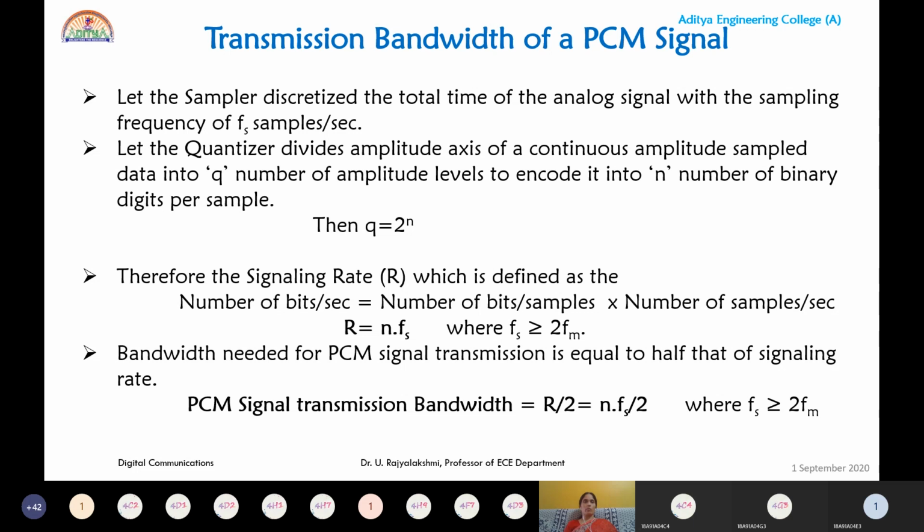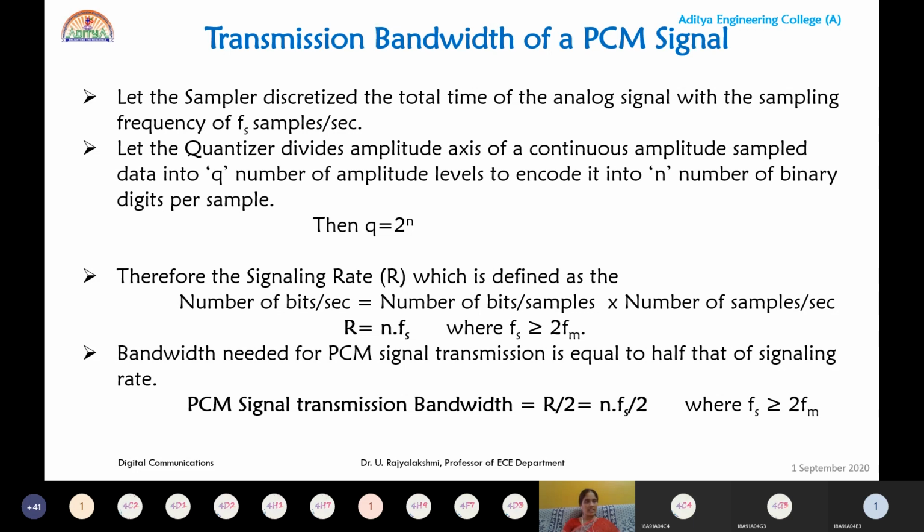So what is the bandwidth required for PCM signal transmission? In general, the bandwidth needed is equal to half that of the signaling rate. So the bandwidth equals R by 2 or N Fs by 2, because R equals N Fs. But what is the relation between Fs and Fm?